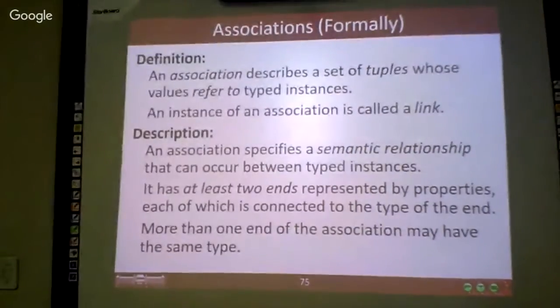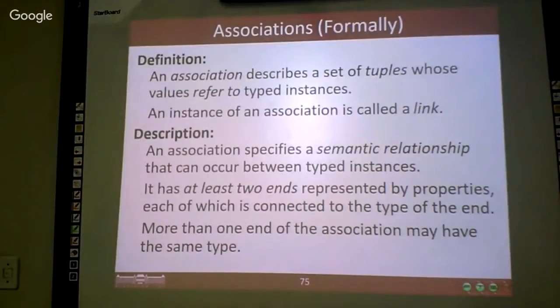So the definition of association is the following. An association describes a set of tuples whose values refer to typed instances. An instance of an association will be called a link. So in the formal way, it is to represent formal relations between our objects in our system.